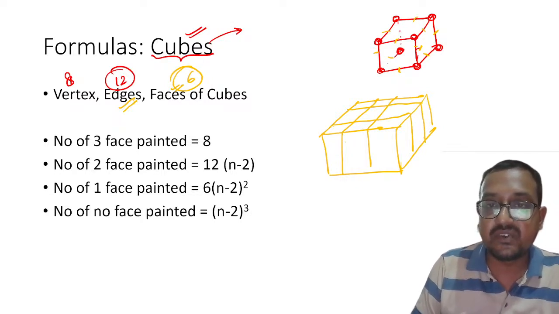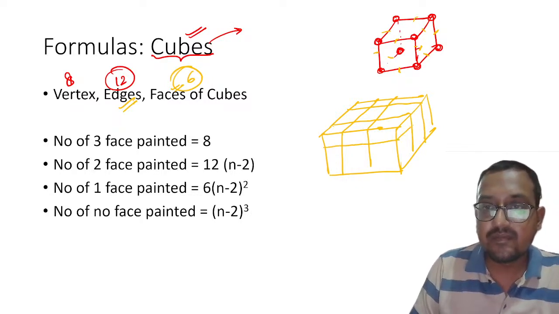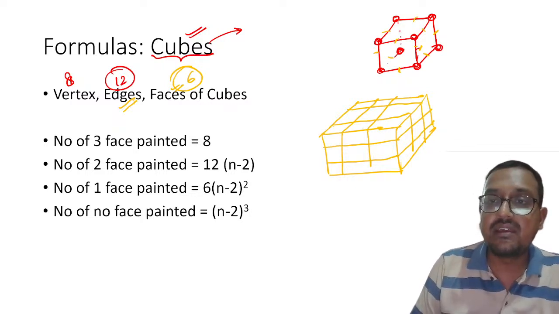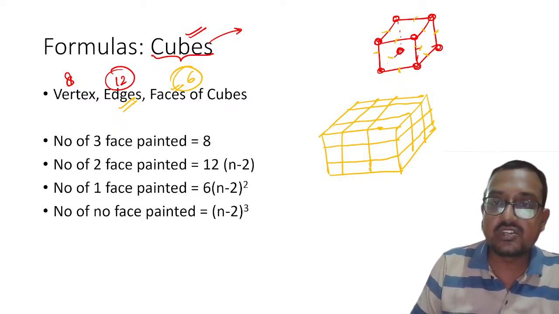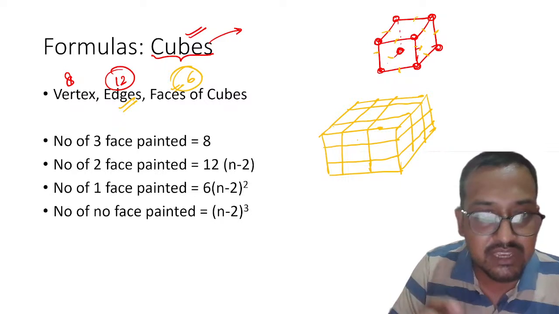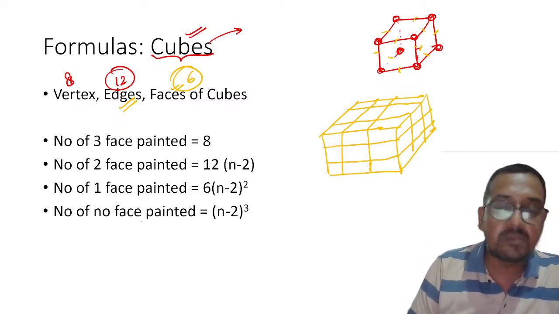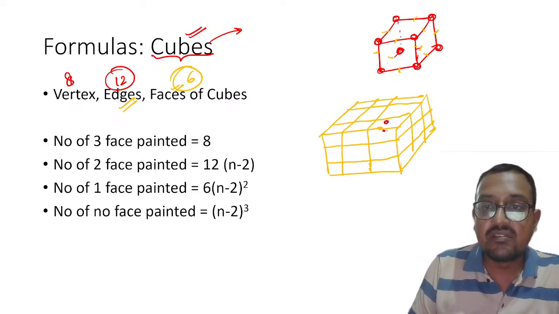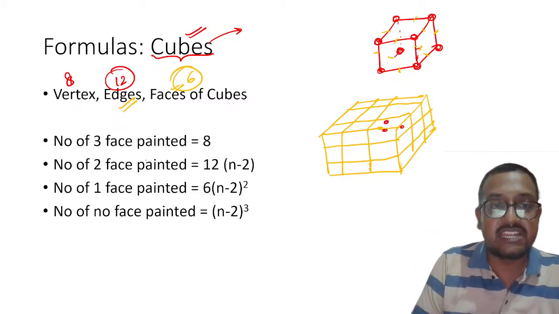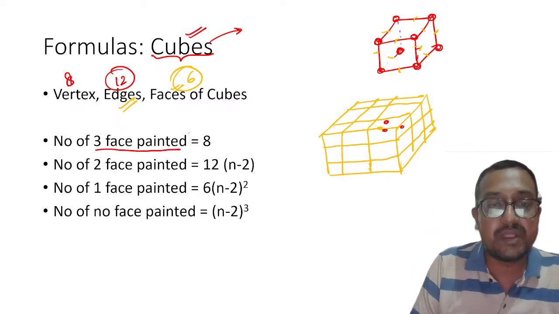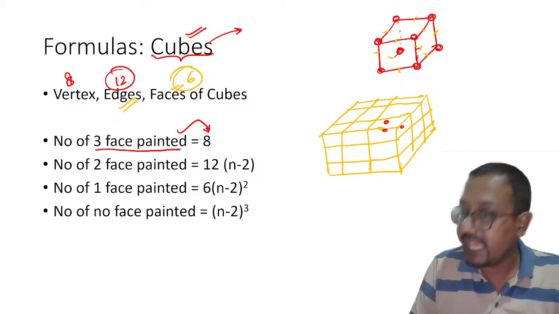Please remember this is the figure. Something like this we will cut it. Understood this pattern? This diagram is clear. So my dear students, you will notice one thing, that all the corner pieces will have 3 faces painted, and that is why the number of 3-face painted cubes will always be 8.